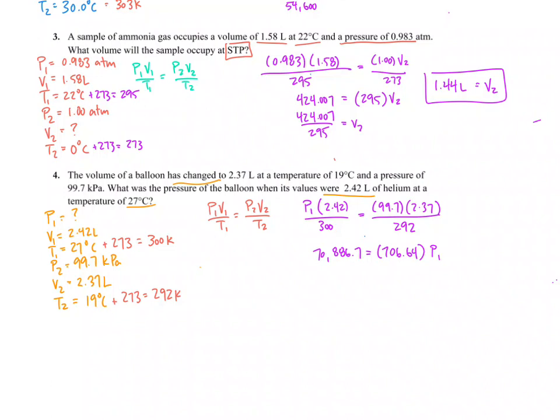So now to get pressure by itself, I'm going to divide 70,886.7 by 706.64, and that is going to give me my starting pressure. And my starting pressure after I divide, this is a comma, by the way, 70,000, is 100.32 kPa, kilopascals, as my starting pressure.